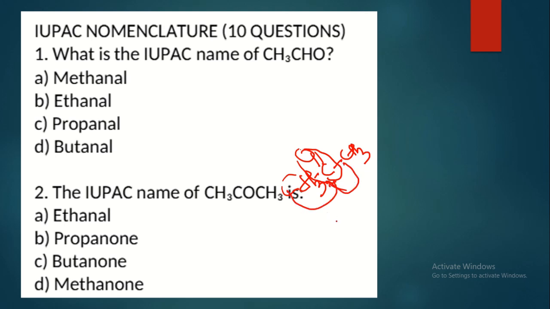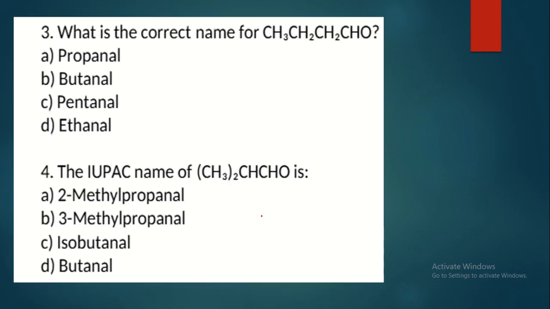So can we say this is a ketone? And the simplest ketone, do you know? That is propanone. If you don't know, from today onwards remember: the simplest ketone and the first member of the ketone family is propanone. Okay, so the option is B.